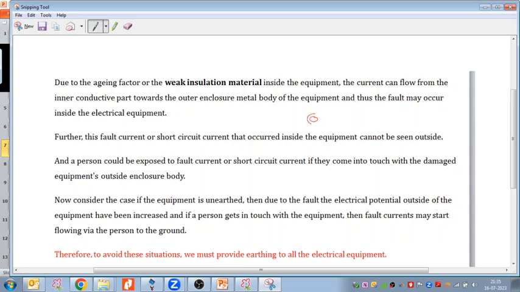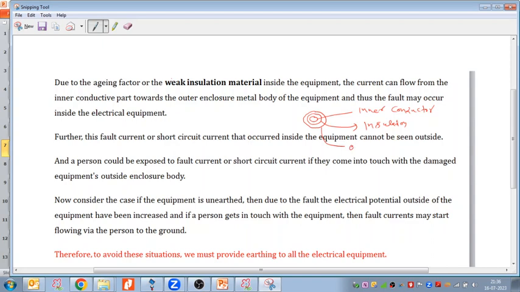After that we have the insulation layer, which isolates the inner metal from the outer metal.